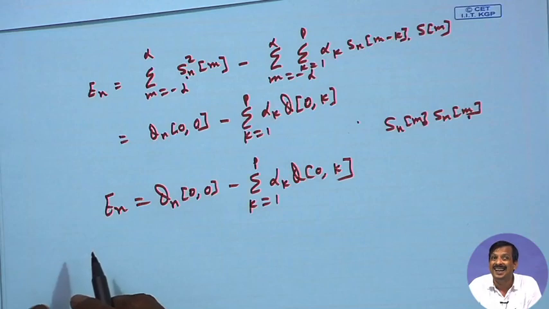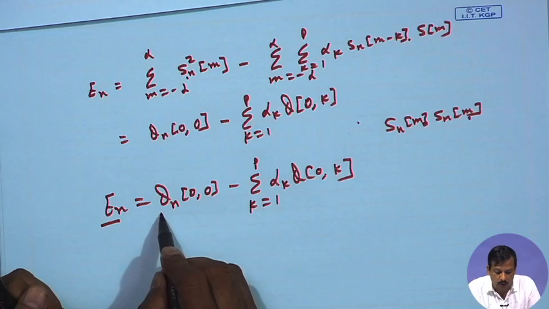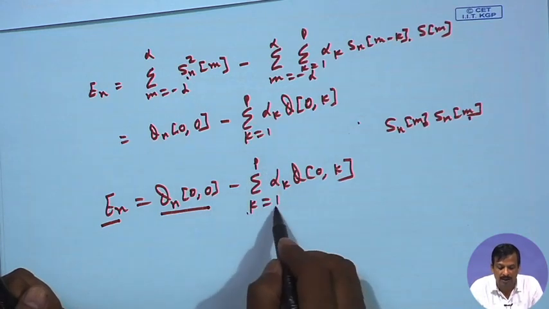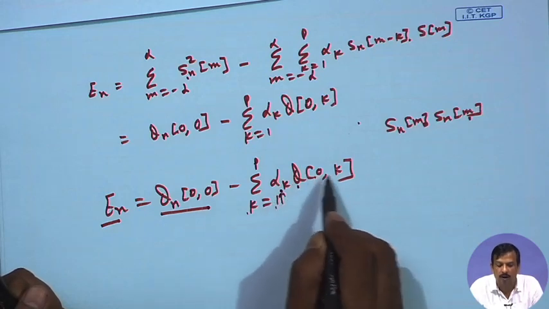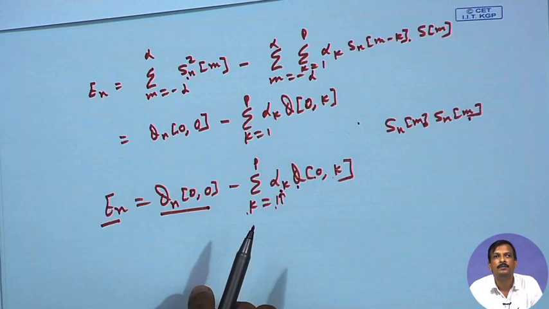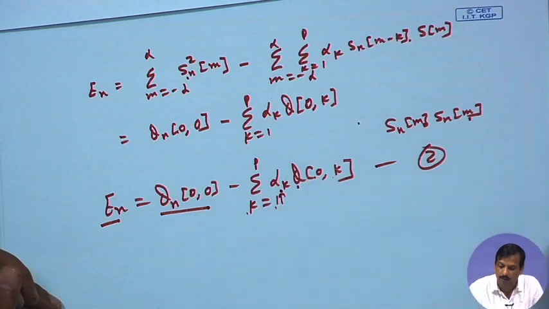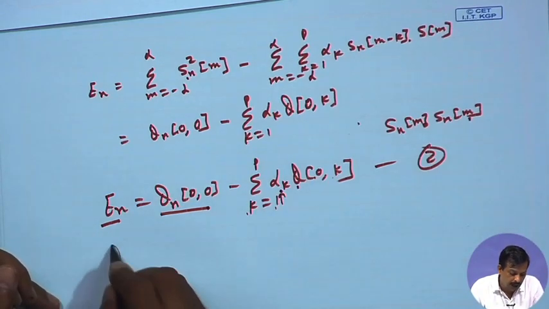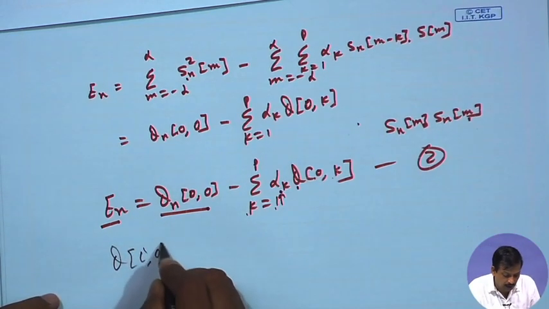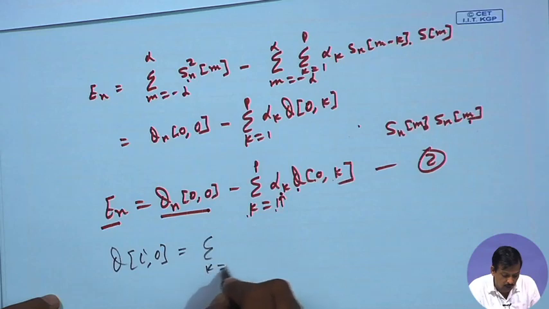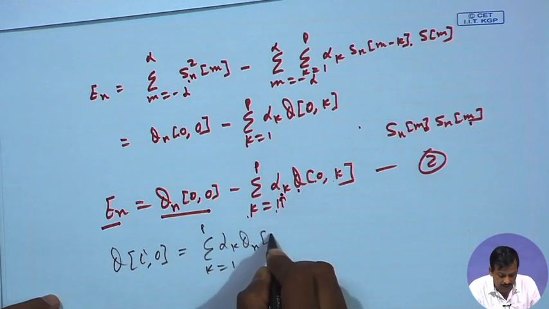So, for the prediction error E n, if I know the phi n matrix, it is phi n 0 0 minus the sum over k equal to 1 to p of alpha k, the predictor coefficients, into phi of 0 k. This is equation number 2, and the first equation, as we have derived, is phi of i 0 equal to the sum over k equal to 1 to p of alpha k phi n of i k.